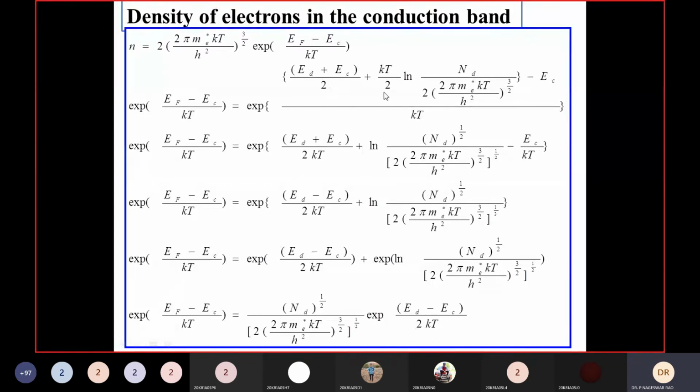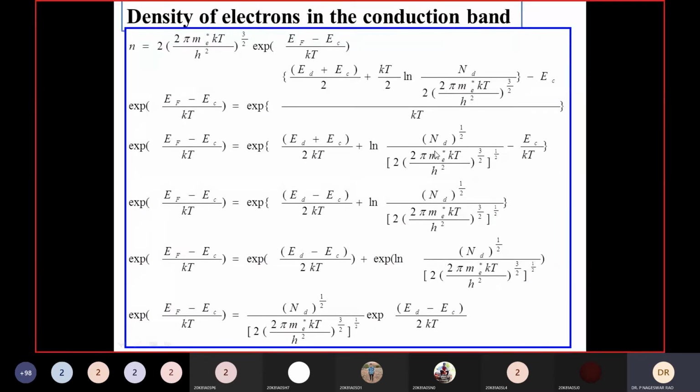This kT is in the denominator, and separating it individually, this term becomes (ED plus EC) by 2kT plus ln of ND by this total term, minus EC by kT.